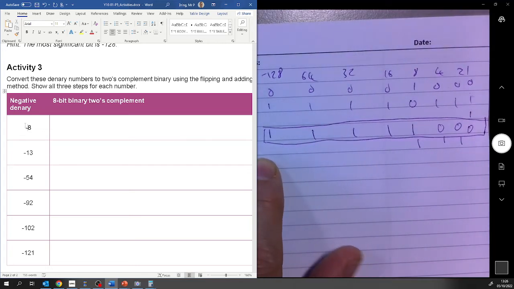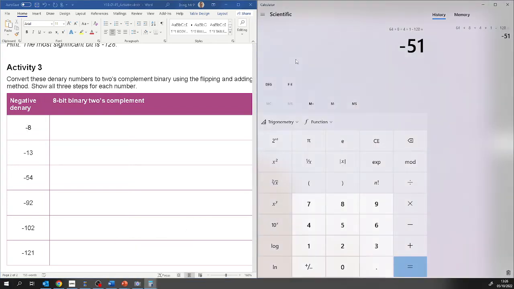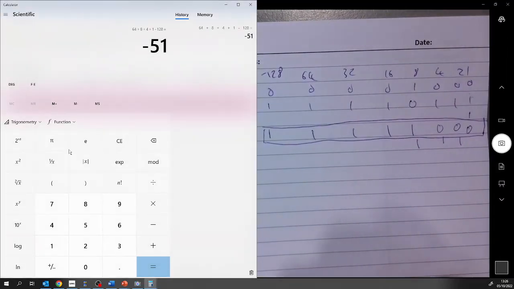Let's check and see, shall we? Let's get a calculator up, so there's no chance of us accidentally getting the wrong thing. Put it on the other side of the screen and see.